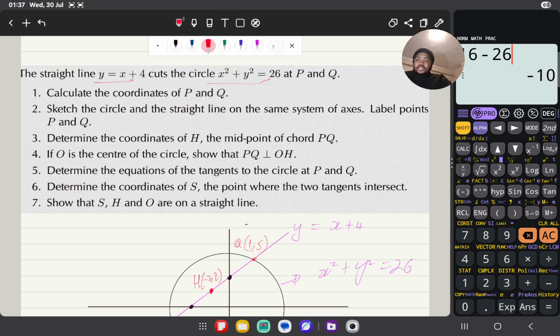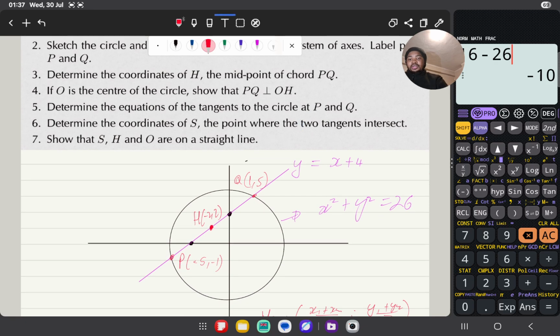If O is the center of the circle, show that PQ and OH are perpendicular. Here's O. We must show that PQ and OH are perpendicular.